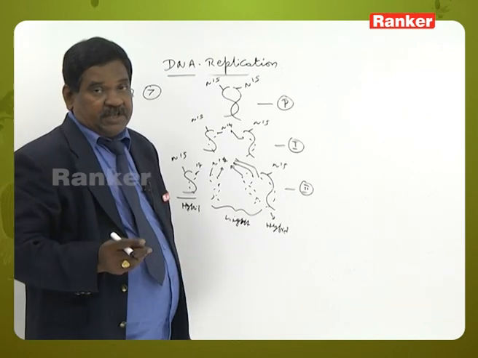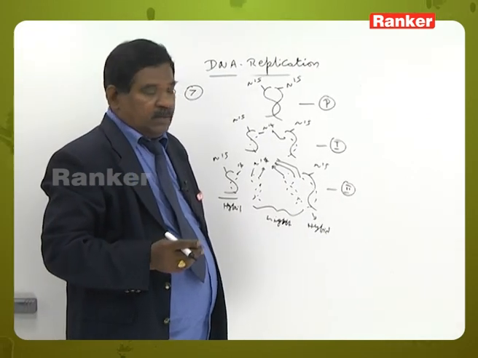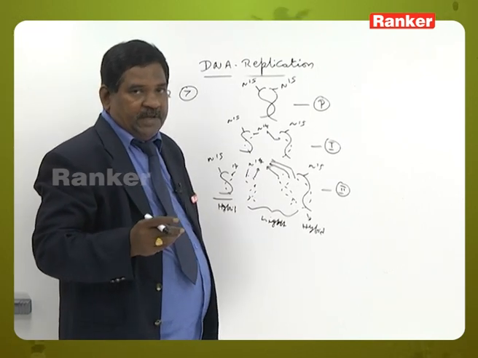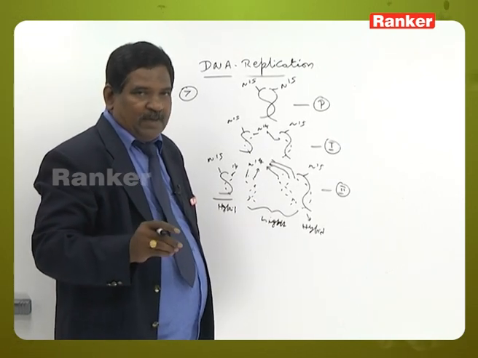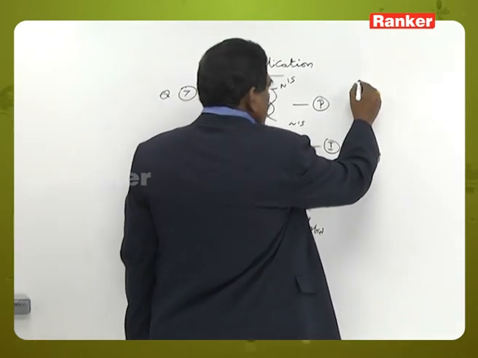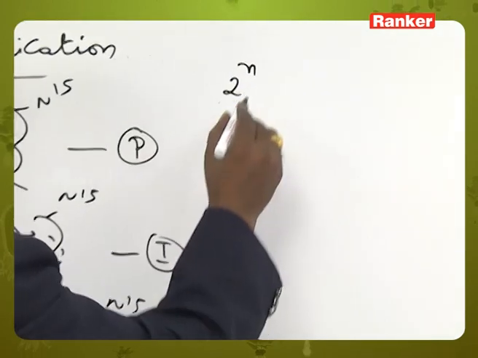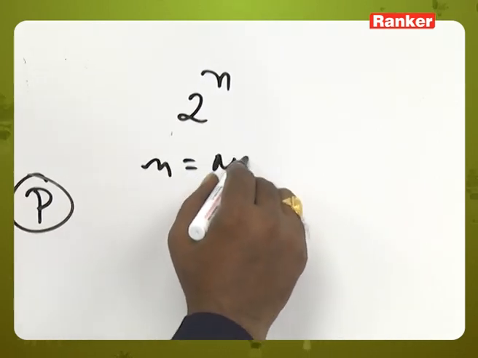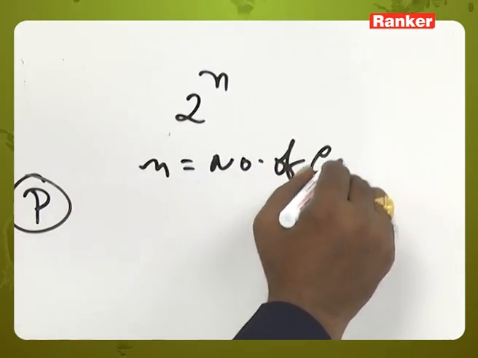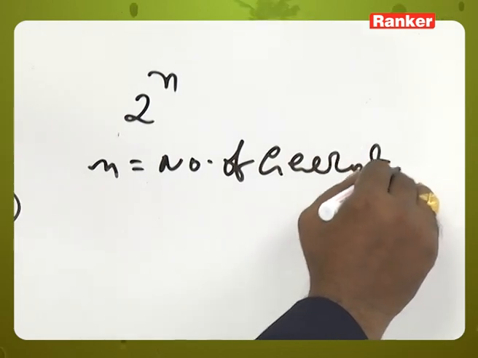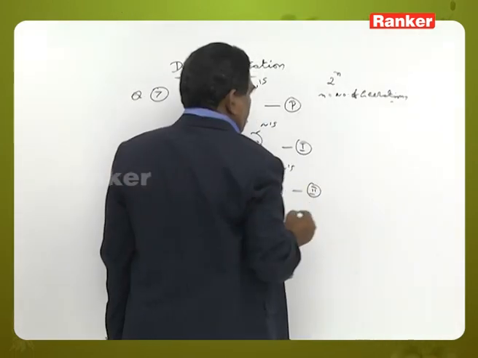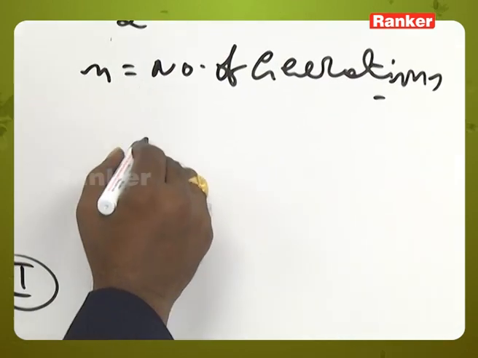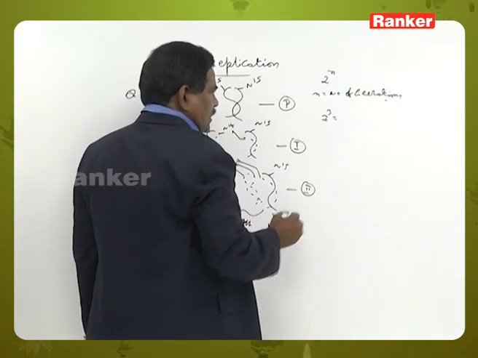In the third generation, from 4, 8 are formed. So the number of DNA molecules formed in n number of generations is 2 to the power of n, where n is the number of generations. So for 3 generations, 2 to the power of 3, that is 8.